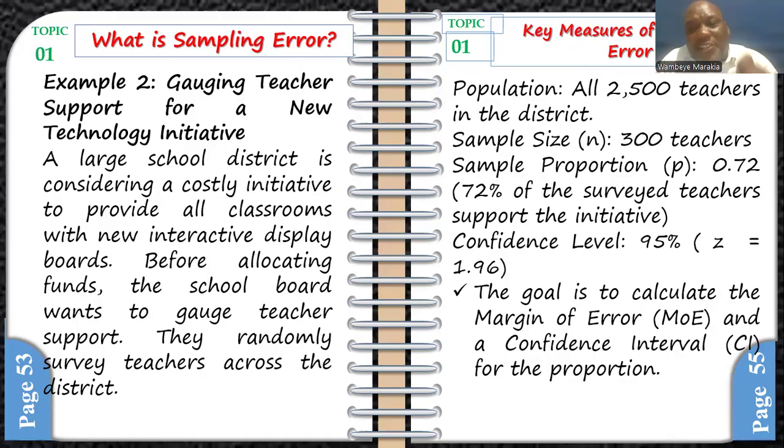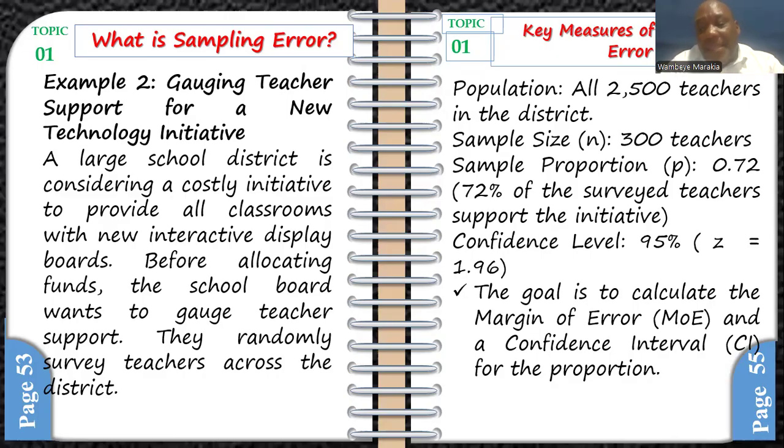We know the confidence level is 95%, so Z equals 1.96. So what is our goal here? It is to calculate the margin of error, MOE, and also construct the confidence interval, CI, for the proportion.